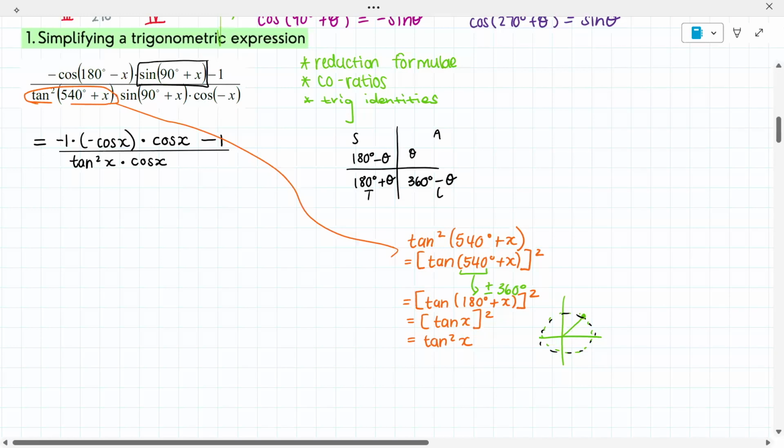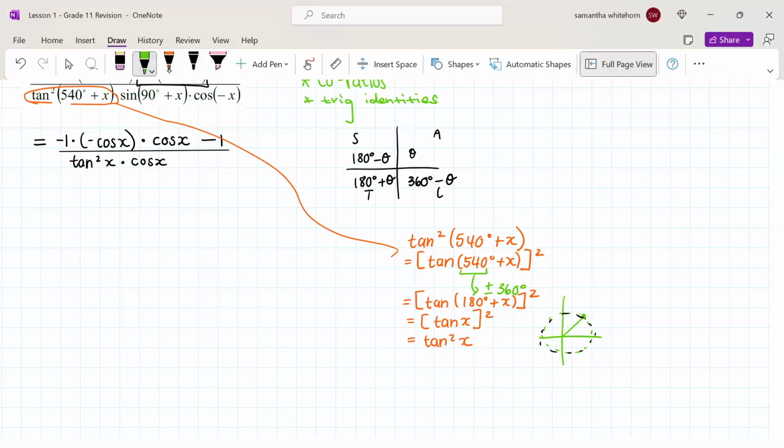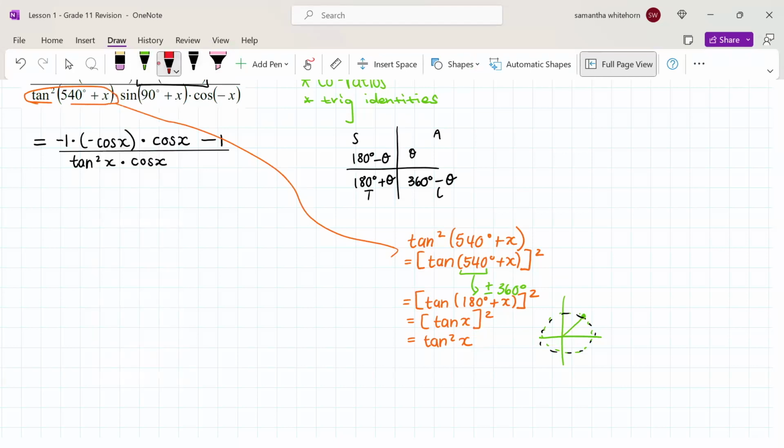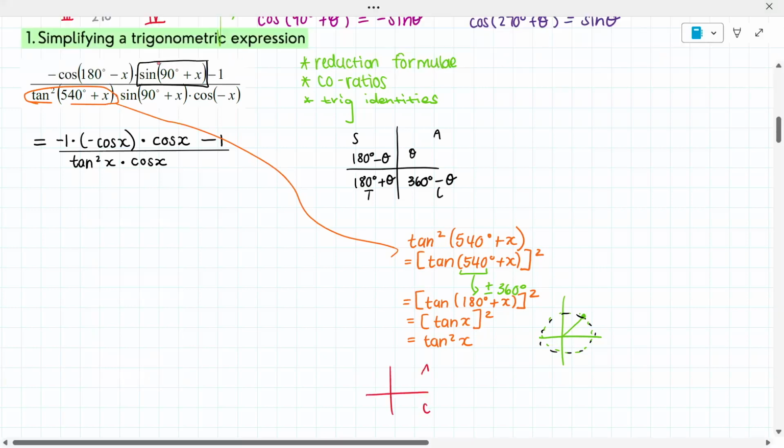And now we've got cos of a negative angle. Okay, so if we go back to our Cartesian plane drawing, actually, I'm just going to draw a new one. Negative angles are when we measure an angle from the x-axis clockwise. So these are negative angles. It means we're working in quadrant 4.